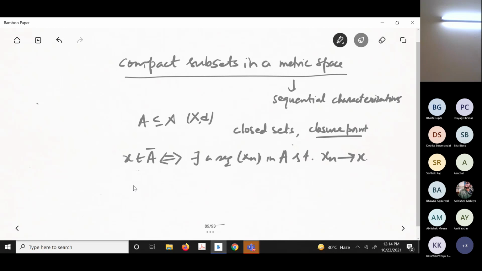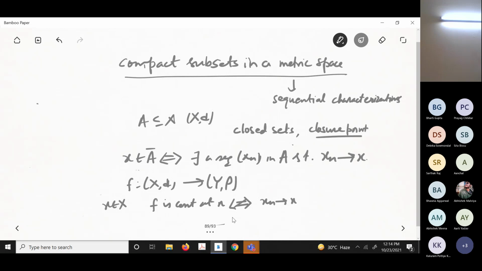You got continuity for functions between two metric spaces. F is continuous at x if and only if x_n goes to x in X implies f(x_n) goes to f(x). Sequential characterization of continuity in metric space.